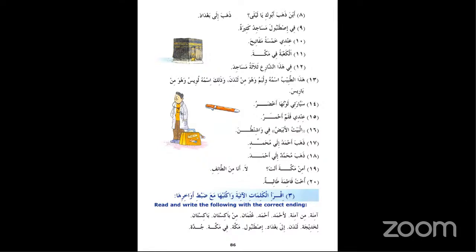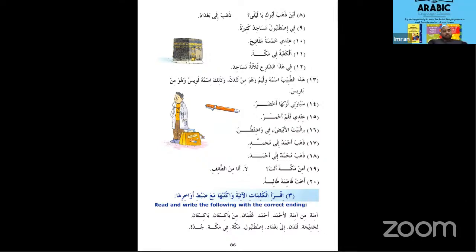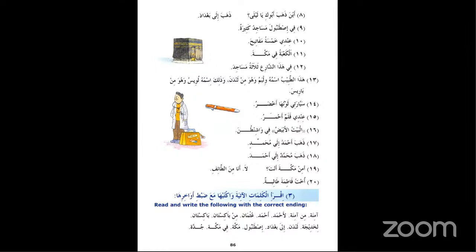London is a diptote. Wadhalika ismuhu Luwis, and he is from Paris. Wahuwa min Paris.